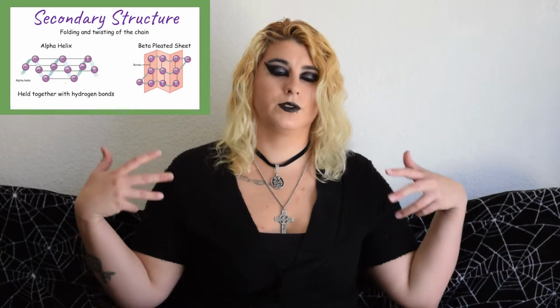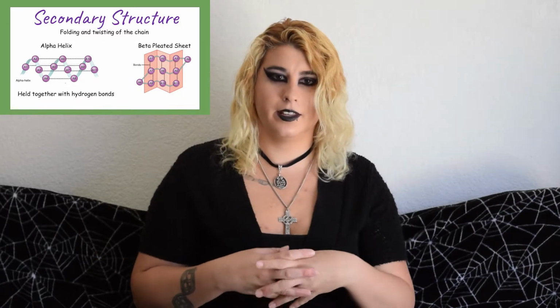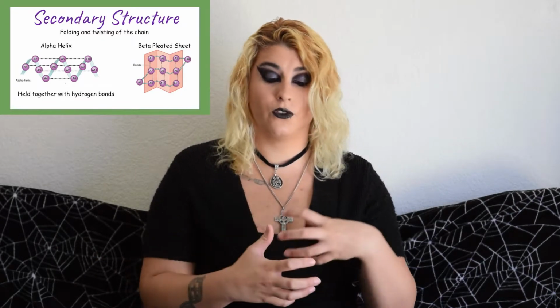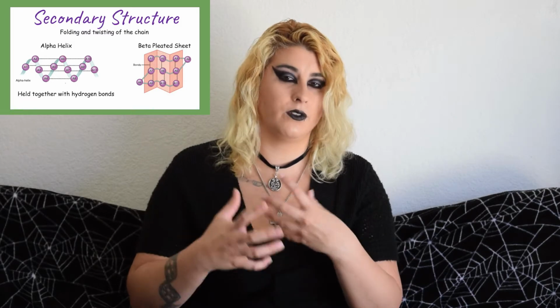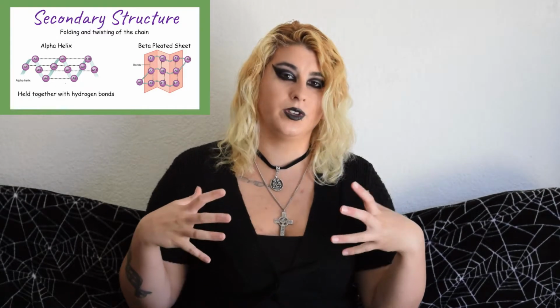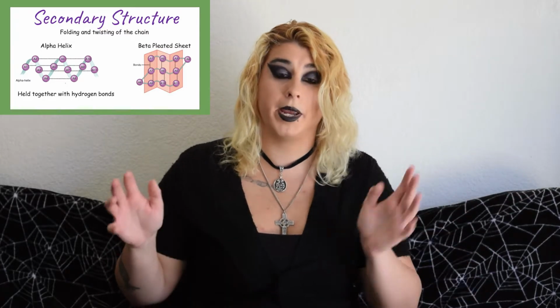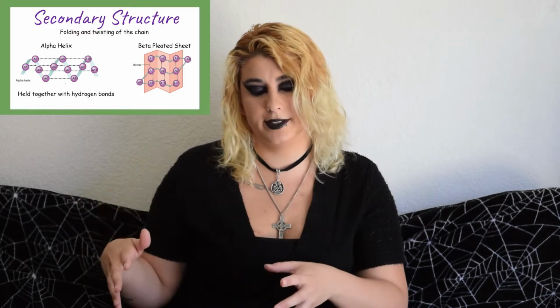The next level of structure is the secondary structure of that protein. This is the specific folding or twisting of the chain in these little local areas. When you get this, you either get the alpha helix on the left or the beta pleated sheet on the right.